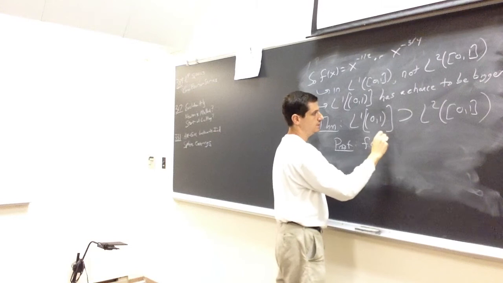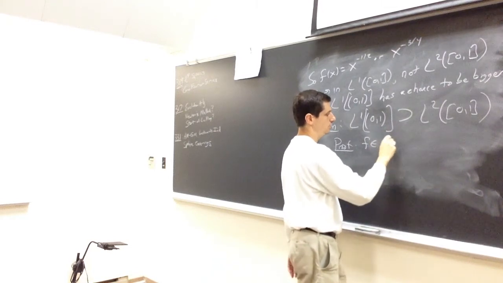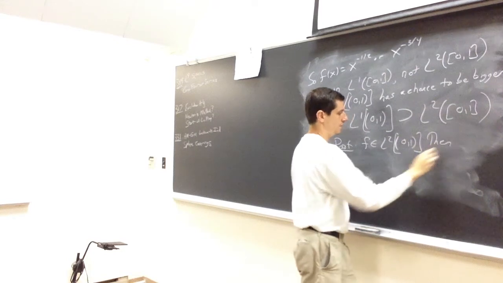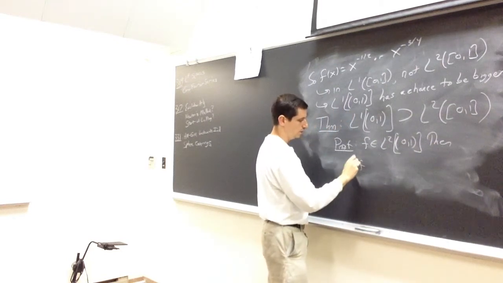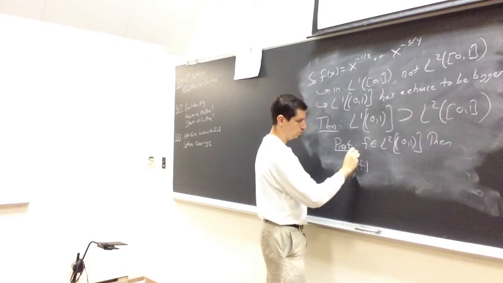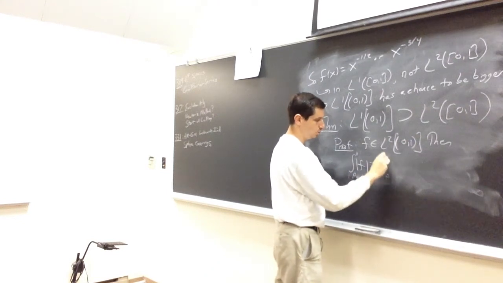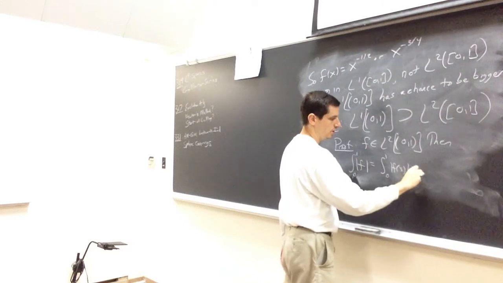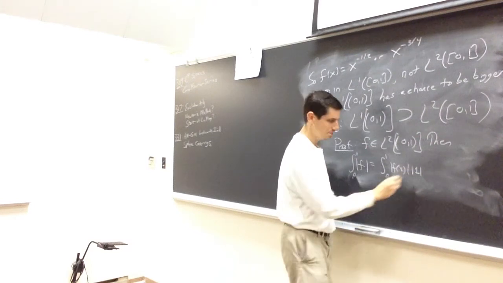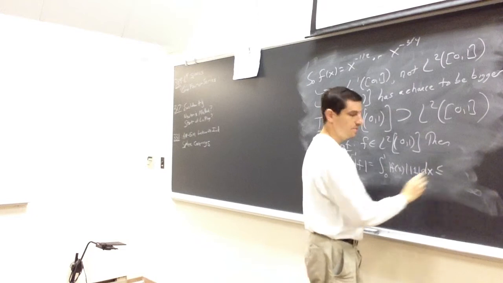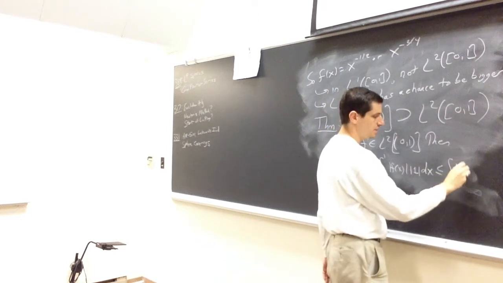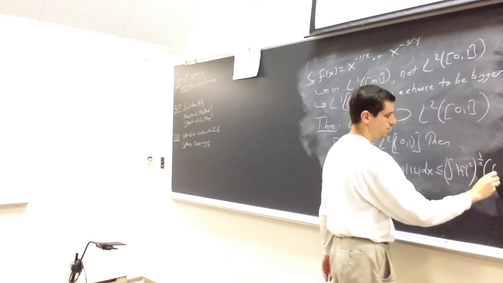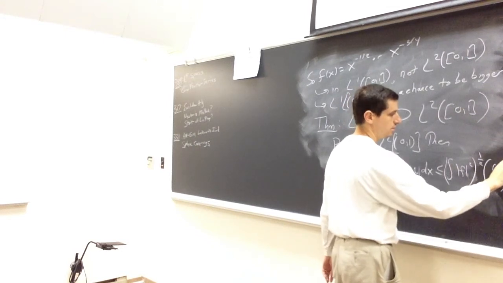If f is in L2 of 0, 1, then the integral of the absolute value of f from 0 to 1 is the integral from 0 to 1 of the absolute value of f of x times the absolute value of the function that's identically 1. And then by the Cauchy-Schwarz, that's less than the integral of f squared to the 1/2, times the integral of 1 squared to the 1/2.